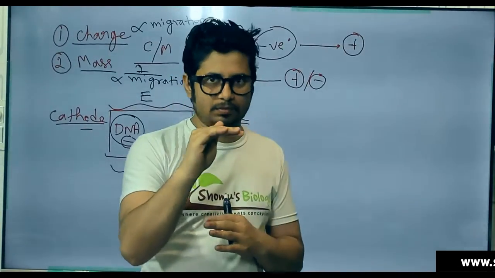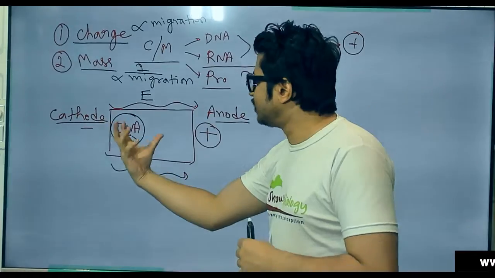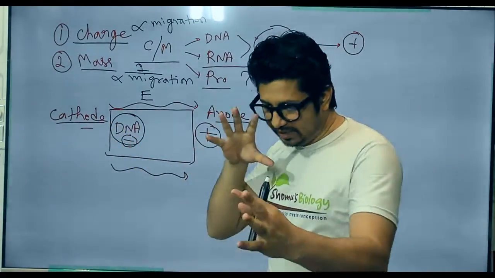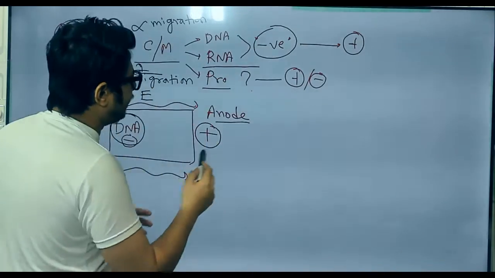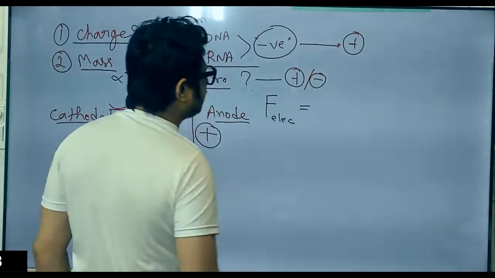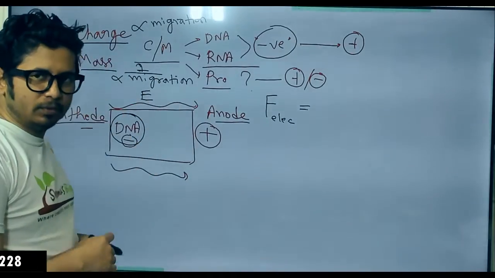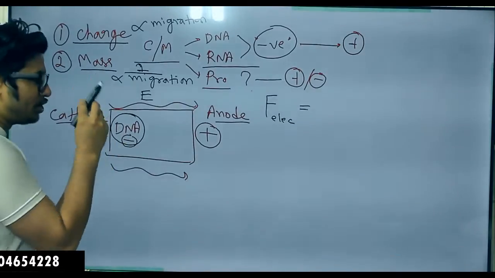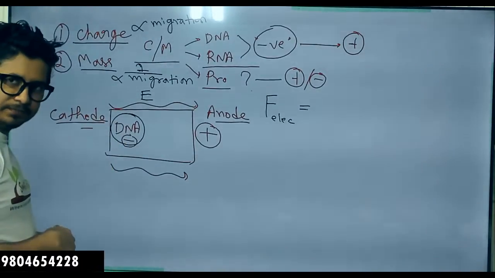an electric force, based on which our charged molecule is moving from one electrode to the other electrode. The electric force, or you can simply write it as F electric, will be equal to the net charge that our molecule carries.